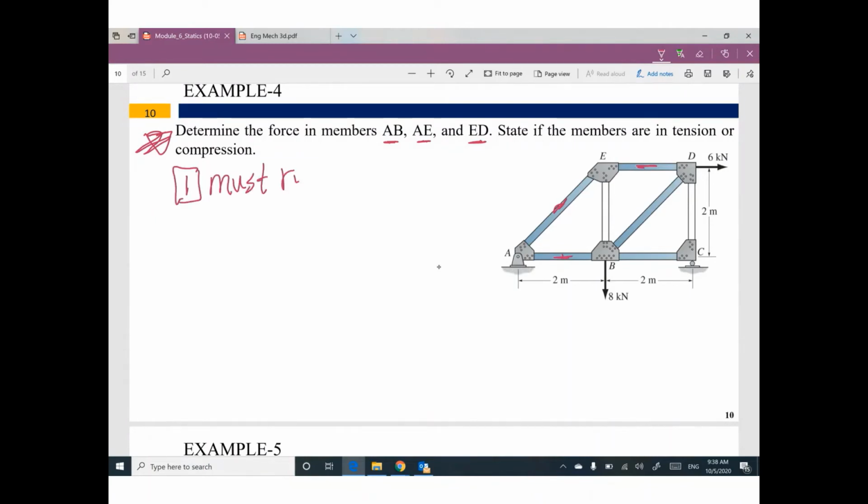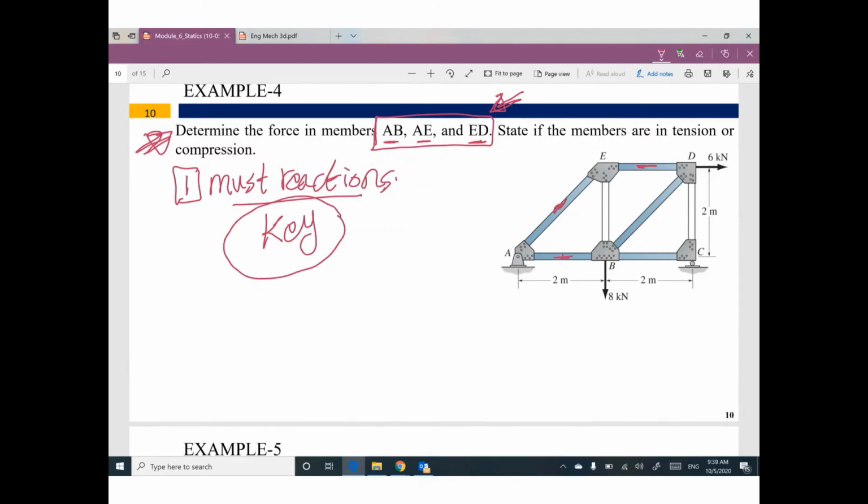So, to be able to calculate the internal forces in the required members, you have to calculate reactions first. Reactions will be the first key to solving this kind of problem.